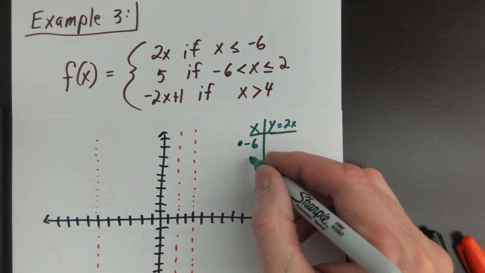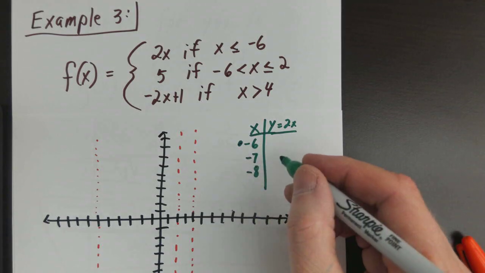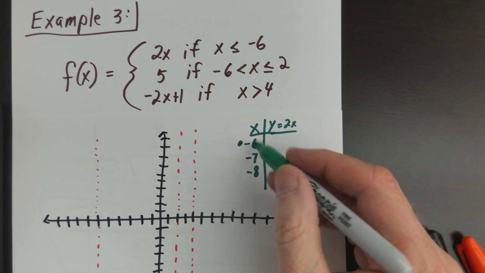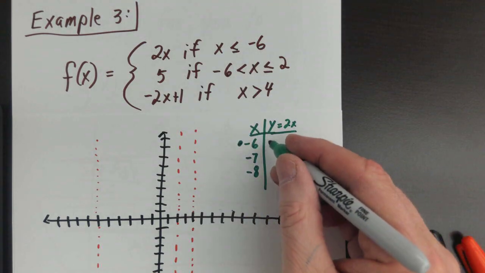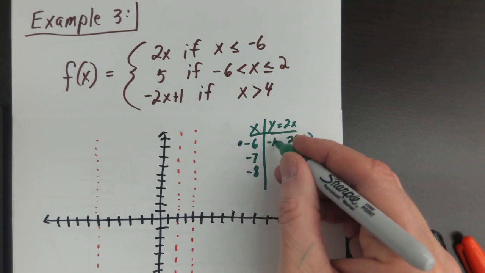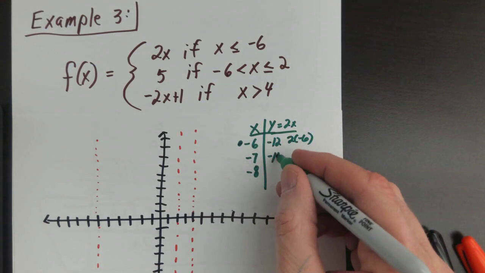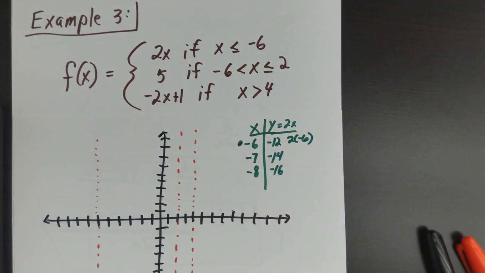And it gets bigger. -6, -7, -8. Not bigger. Those are smaller. It gets less than or equal to -6. And 2 times -6, that's -12. 2 times -7 is -14, and 2 times -8 is -16.